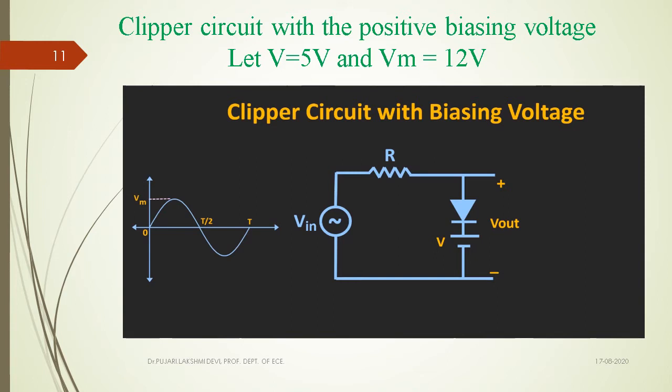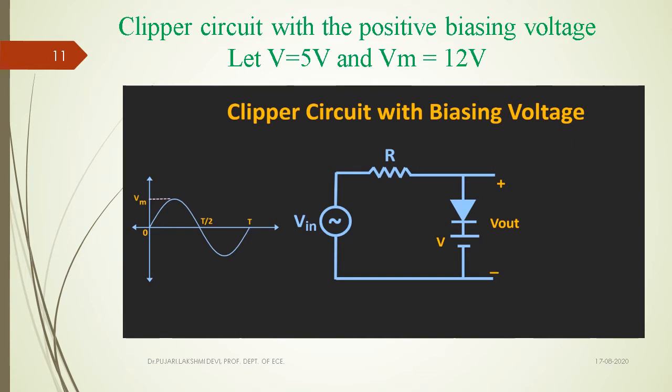Now let us see in what way this functions. Let us observe this particular DC voltage source having a fixed 5 volts, and for the maximum voltage, let us consider 12 volts. That is, Vm of the AC voltage is a maximum of 12 volts, and the DC bias voltage we have given is 5 volts.